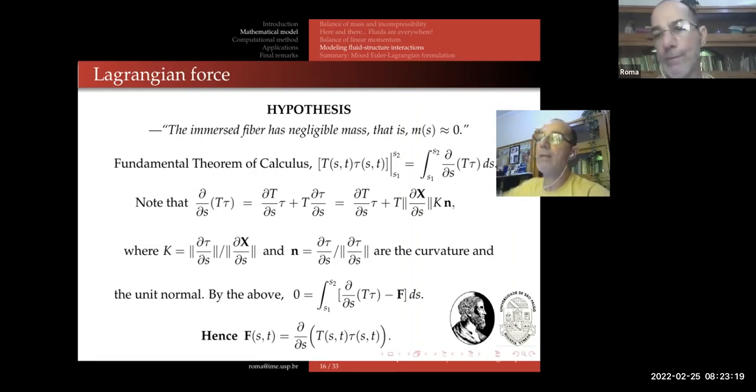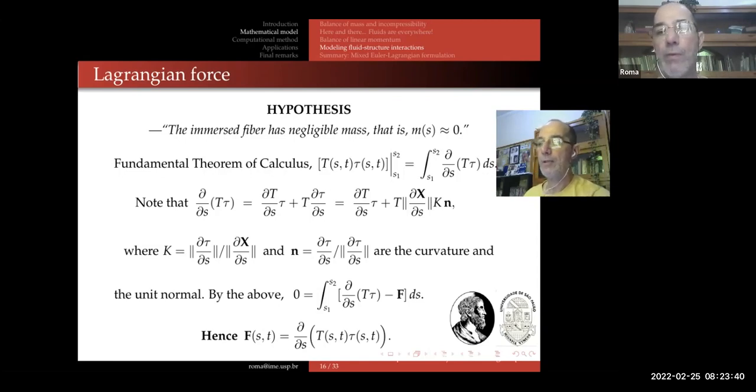This is the integral. If I want to apply the fundamental theorem of calculus, this is just the integral of the derivative, the differential with respect to S, of this function here. So this is basically what's written here, right?